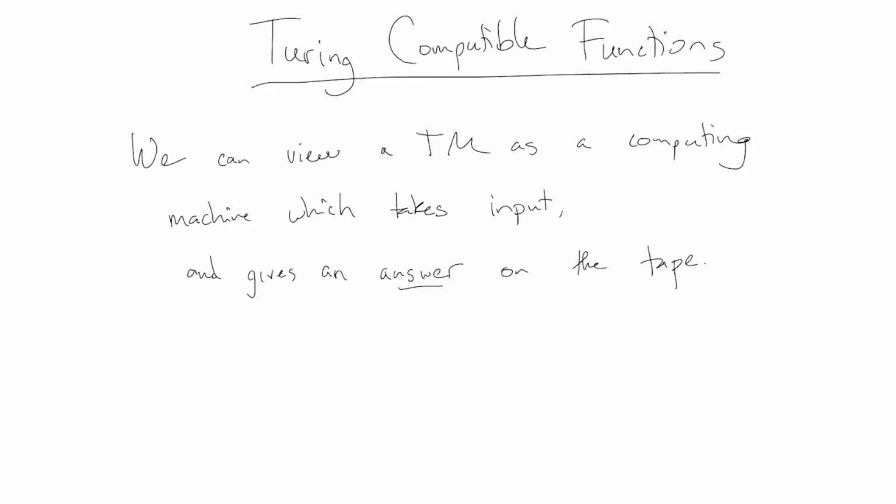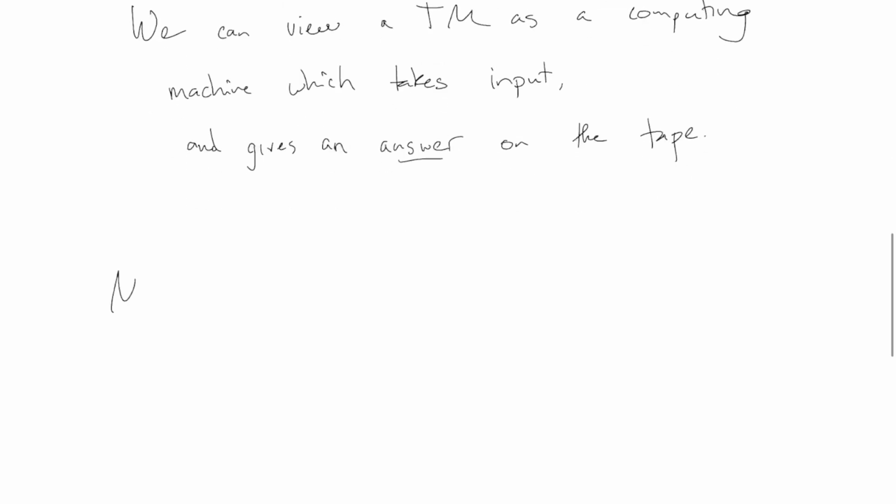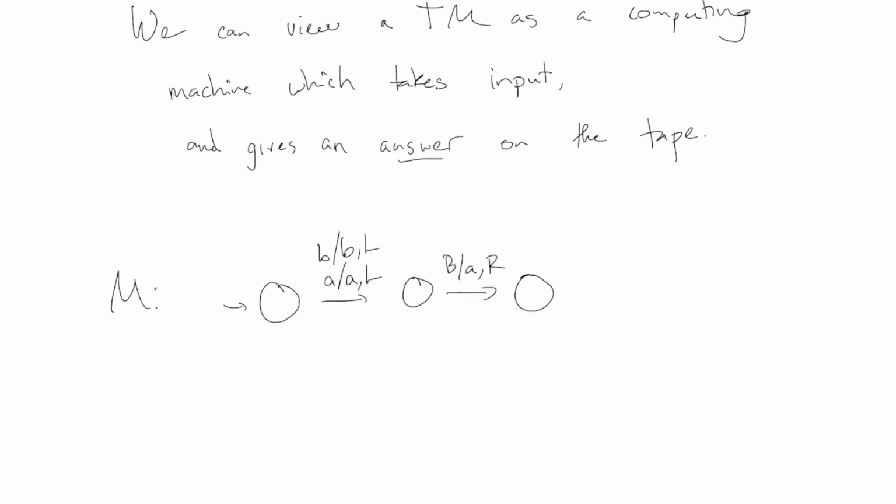So, for example, this is a very simple example. I'll call this Turing machine M. Let's say A, L, BBL, and then blank A, R. And that's it.